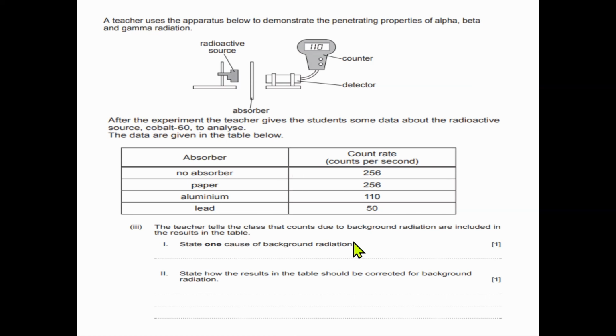The teacher tells the class that the counts due to background radiation are included in the results in the table. Give one cause of background radiation. Think about what we've talked about so far, and about anything in the classroom that might lead to background radiation. State how the results in the table should be corrected for background radiation.